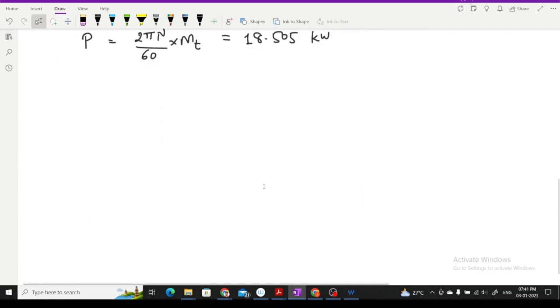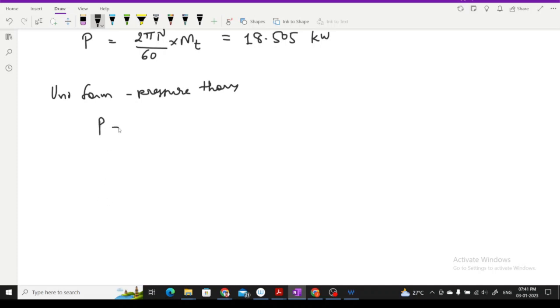Now for uniform pressure theory, you will have your force as pi p by 4 into D square minus d square. So it is that 1, right? So this way.